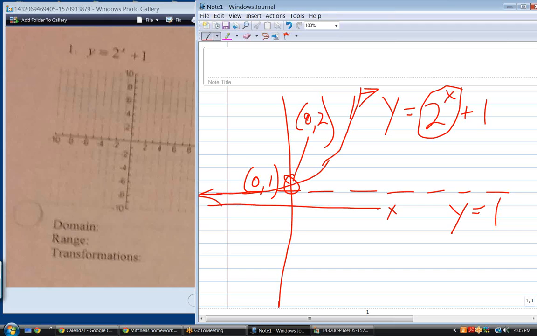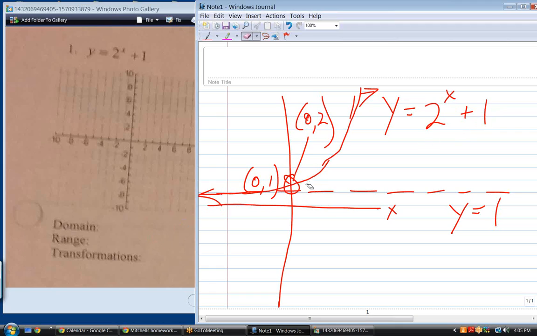There's no value for x that makes this thing equal to 0 or negative. So at best, if I put in x of minus a trillion, it would get close to 0. That's why the graph looks like this. As I go to the left, it gets closer and closer to this line, this horizontal asymptote, which is the 1 part of it.